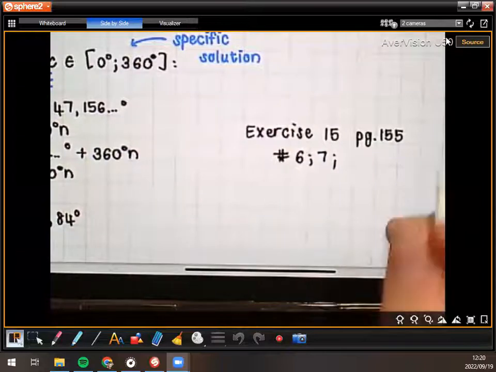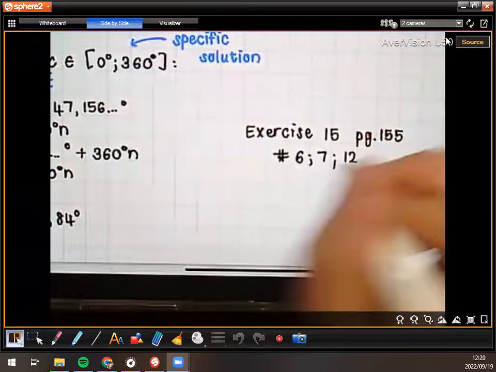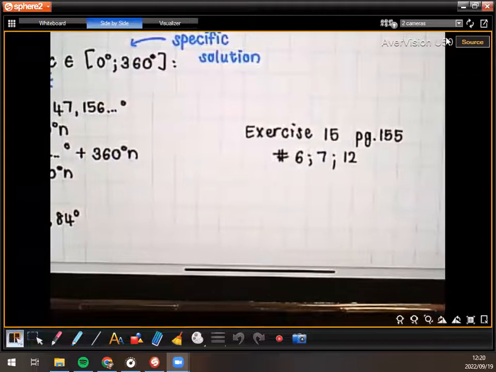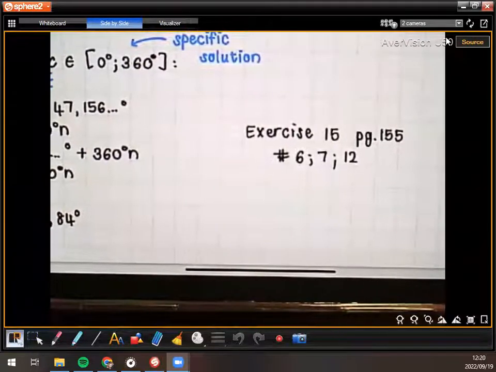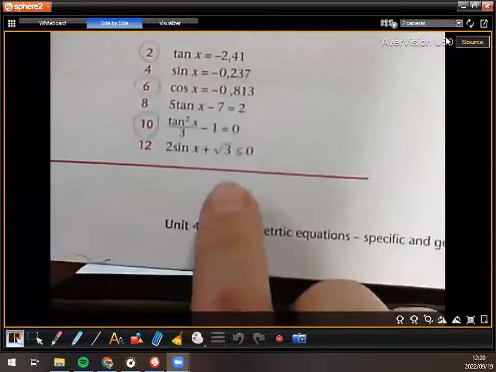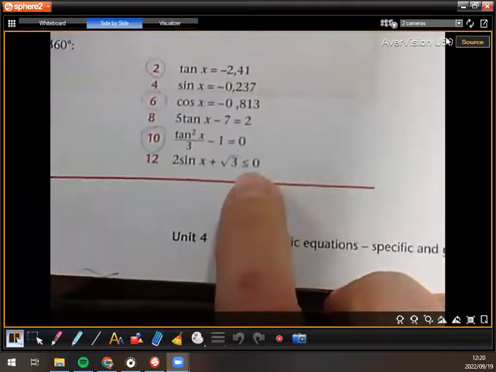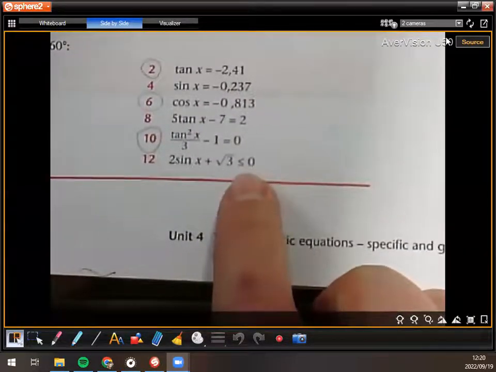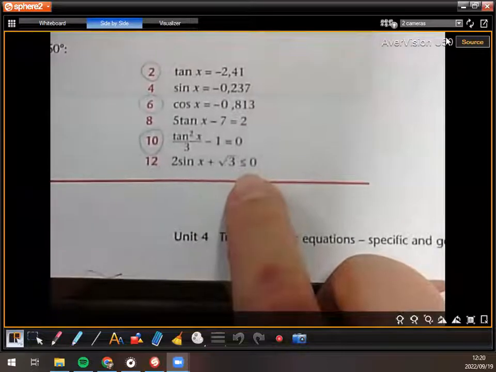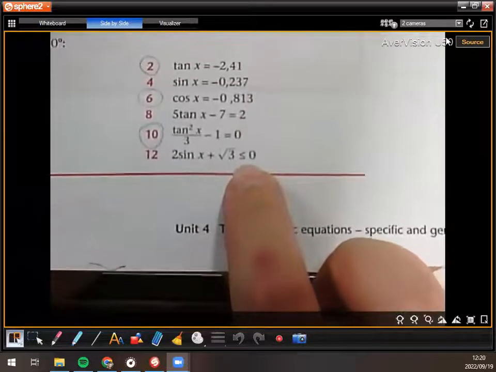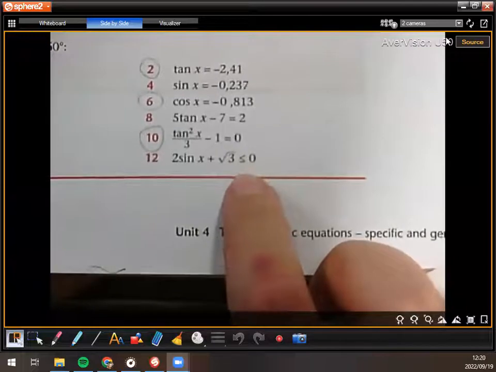Surely not. Okay, number 12 as well, but guys, can you just check in your textbooks and mine that has an inequality symbol for number 12? It looks like that. That should just be an equals. So if it says that in your textbook, we never ever do trig inequality, so you'll never get a question like this in matric either.